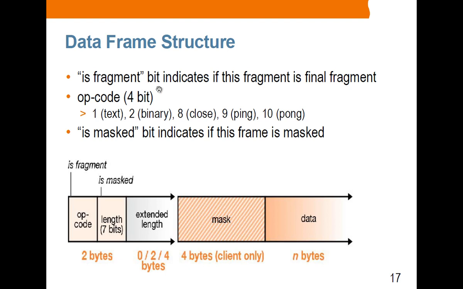The fragment bit indicates whether this fragment is the final fragment or not. The first bit, the fragment bit, indicates whether this particular fragment is the last fragment or part of a bigger fragmented piece of data. And then it has the 4-bit opcode.